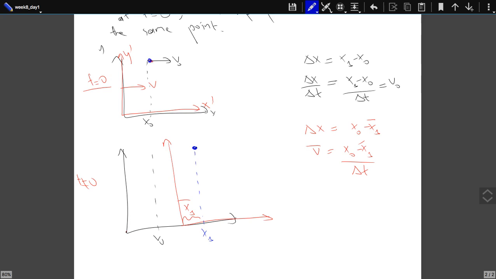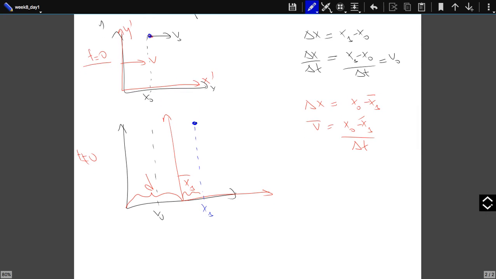Now this distance over here, let's call it d. You would say that d plus x1 bar is equal to x1. So x1 bar is equal to x1 minus d.